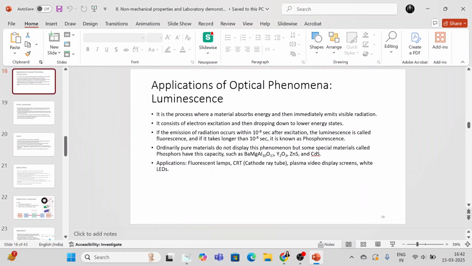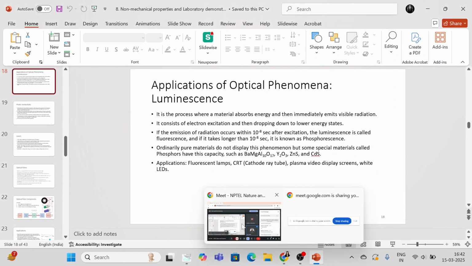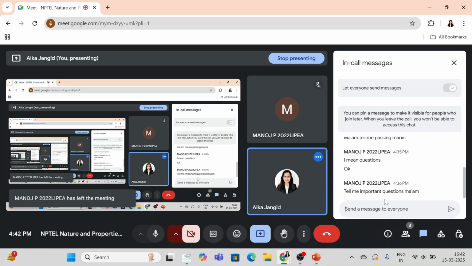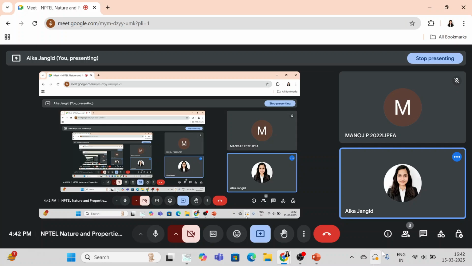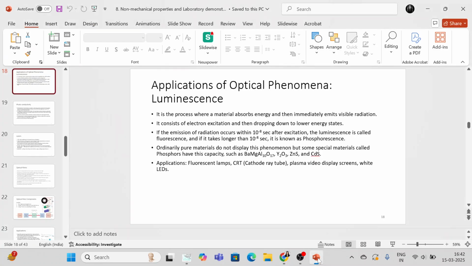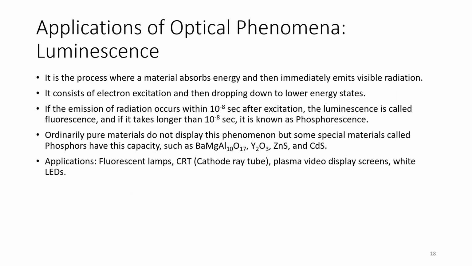Then these are the applications of these optical properties.